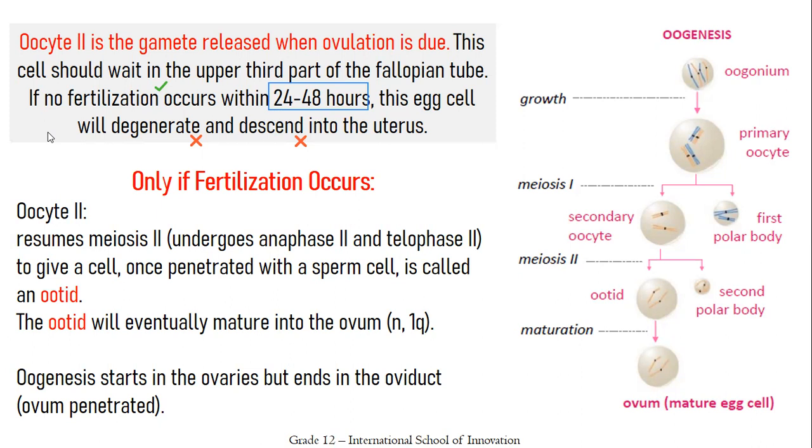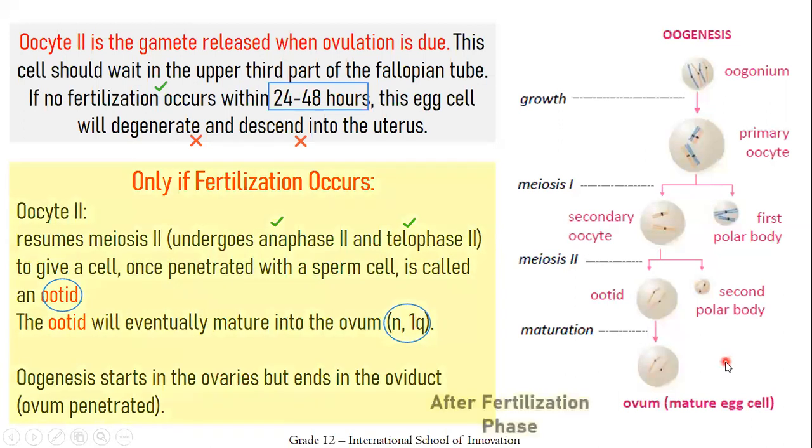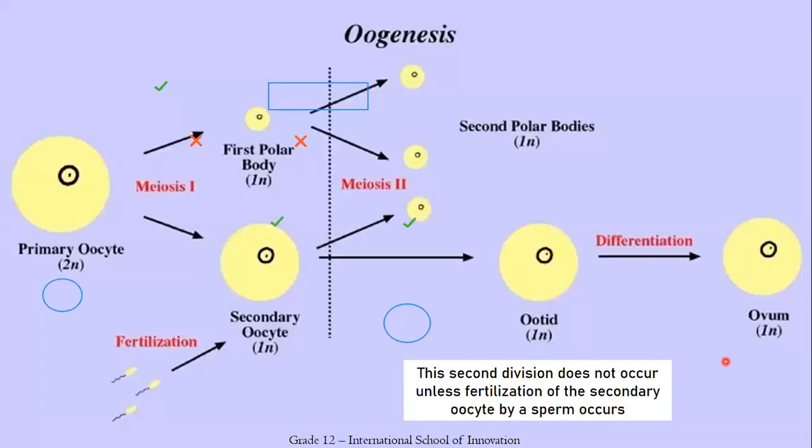Oocyte 2 was blocked at metaphase 2, so it will finish anaphase 2 and telophase 2 to give an ootid only if fertilization happened. This ootid has N chromosomes with 1 chromatid, and then this ootid will differentiate into an ovum. This happens after fertilization.